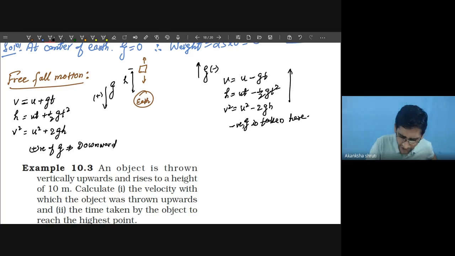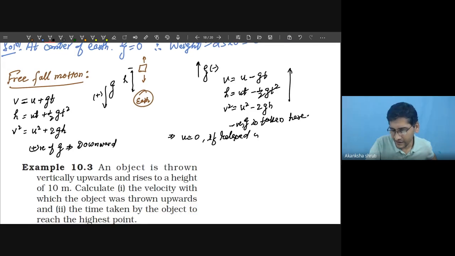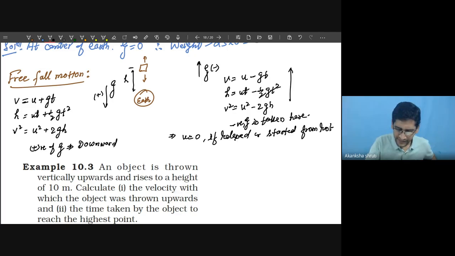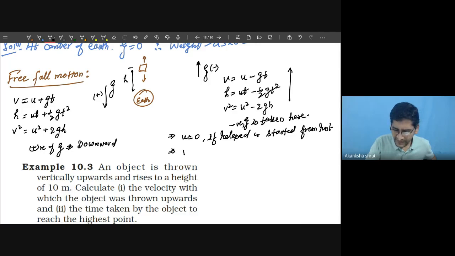Another thing that we have learned, u could be 0 if the body is released from rest. Finally, v can also be 0 if the body comes to rest or finally stops. When can this happen?